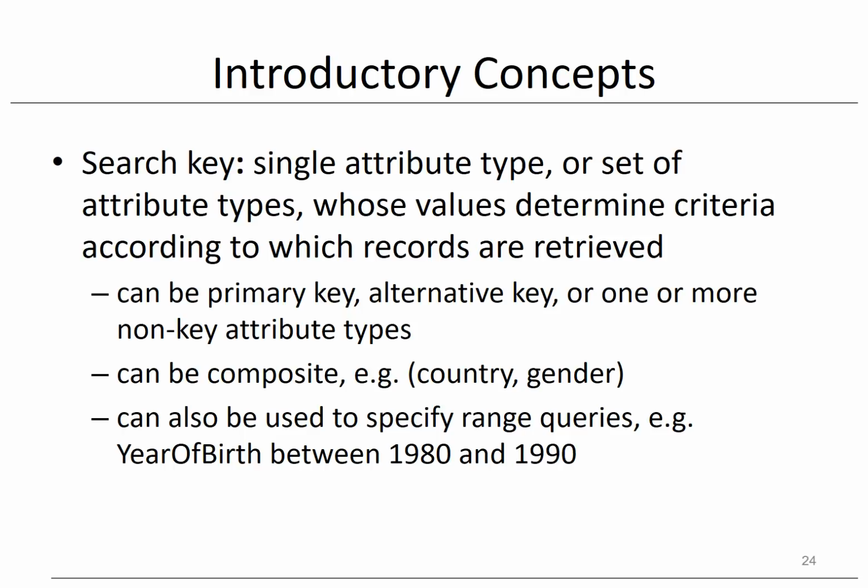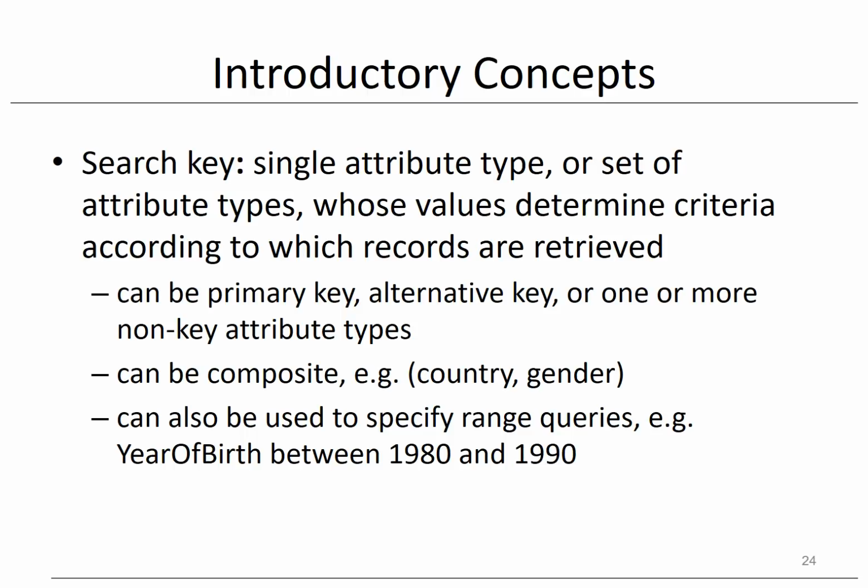A search key can be a primary key or candidate key, in which case the search key only yields a single result, since no two stored records can have the same primary or candidate key value in a physical file. Examples of such unique search keys are a customer ID, a license plate number, the combination of a flight number and the date of departure, etc.